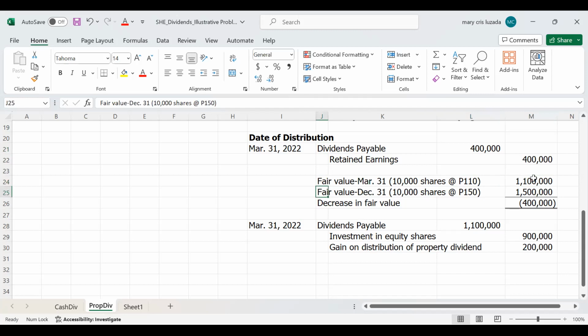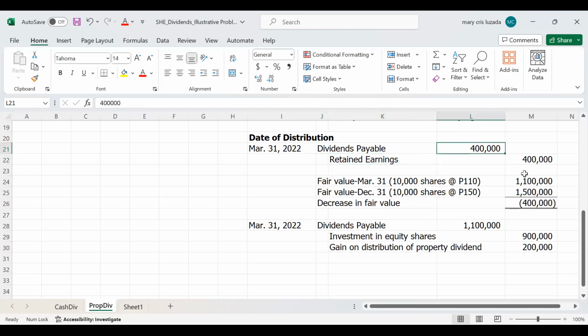Then in our record, since we adjusted in December, the balance of our dividends payable became 1.5 million. So there's a decrease in the fair value amounting to 400,000. Since our dividends payable is reduced, you have to debit dividends payable, then credit retained earnings.